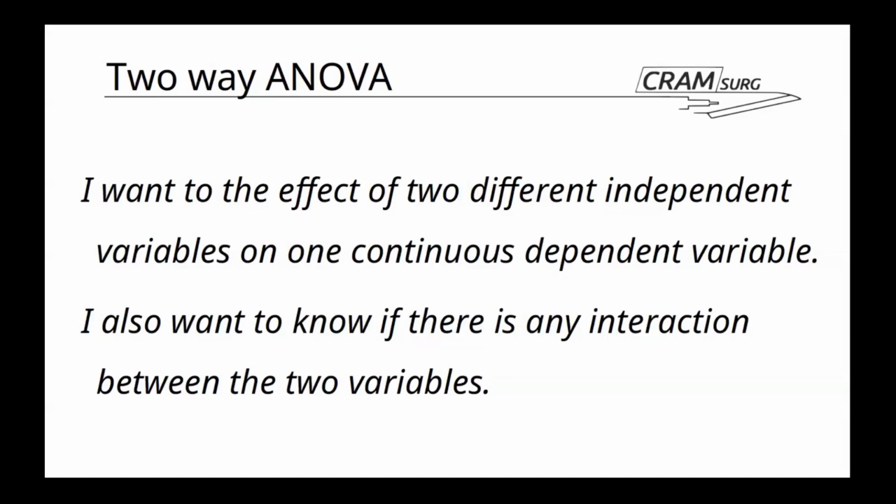So if ANOVA was useful because it would let you compare 3 crops of barley when you put on 3 different types of fertilizers, perhaps Fisher wanted to know, well, what happens if I put a bit more seed down when I'm planting the barley, as well as using different fertilizers?